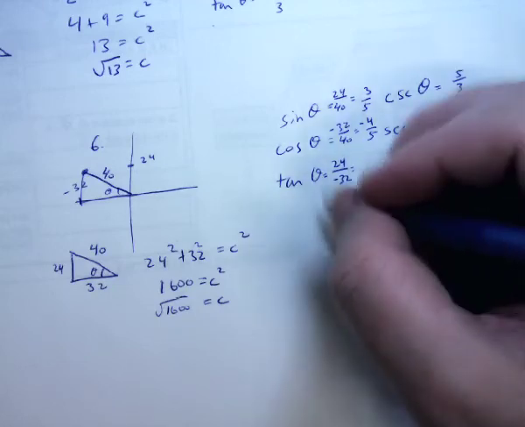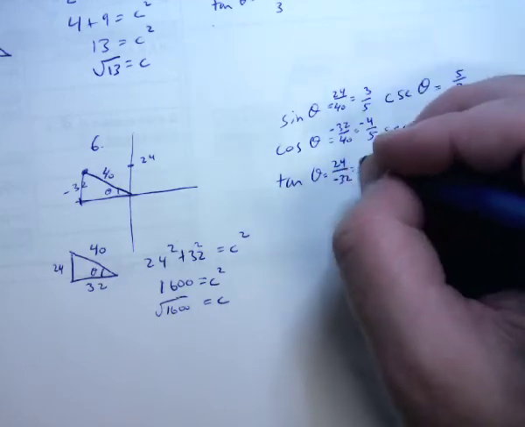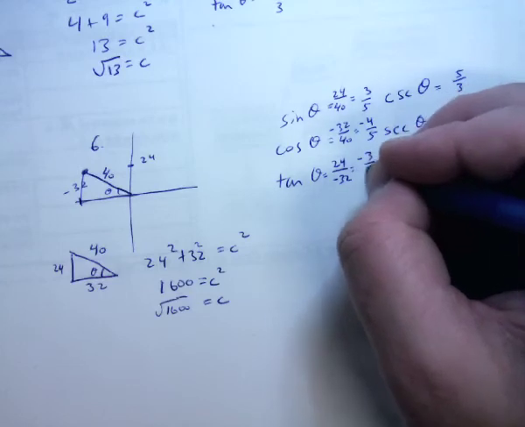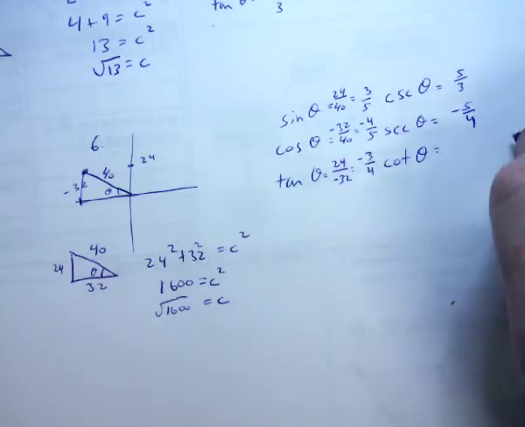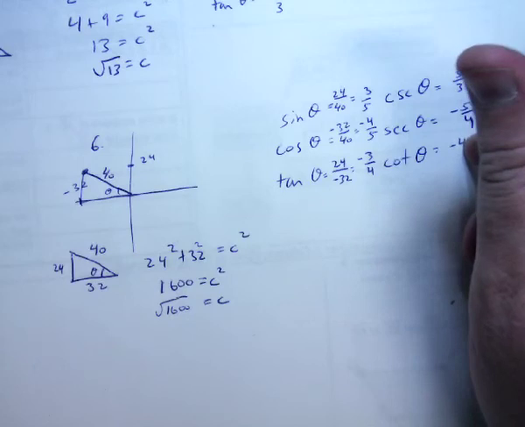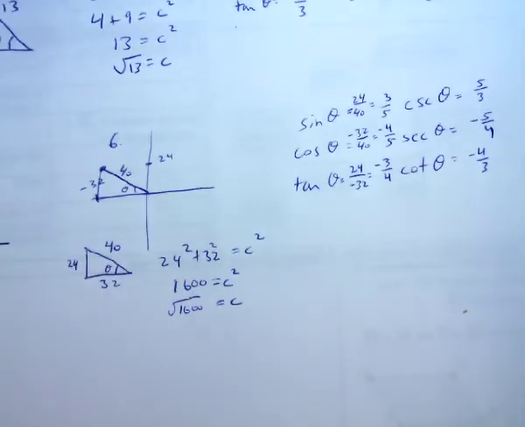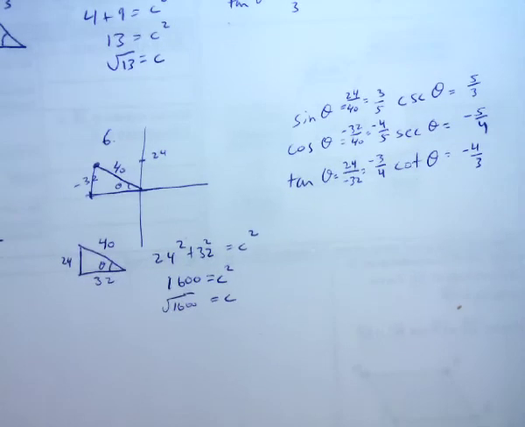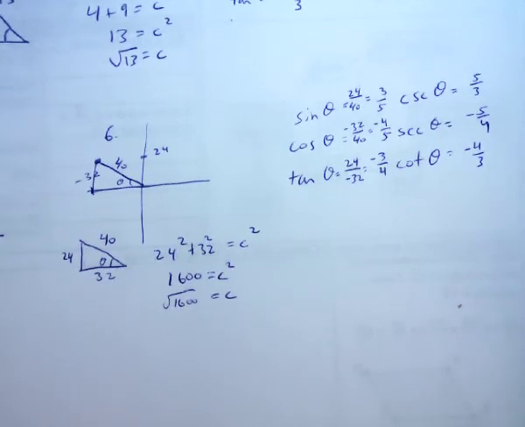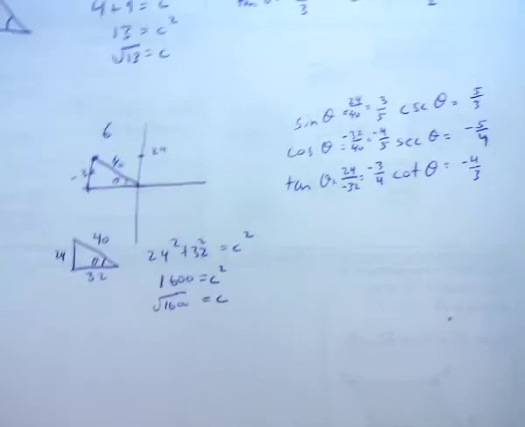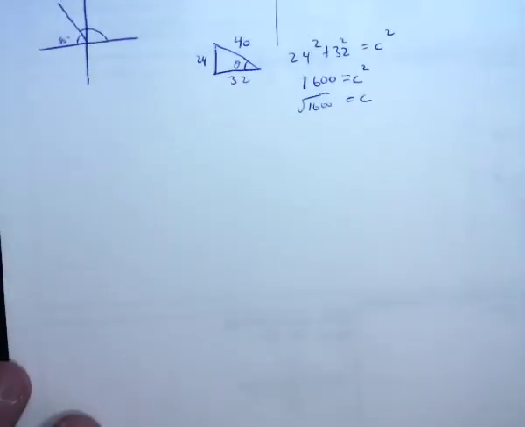Once again, going by 8s, that is negative 3 over 4. And cotangent is negative 4 over 3. Okay, that's number 6. Hopefully this is very easy. So maybe a little tedious, but all stuff that we should know.